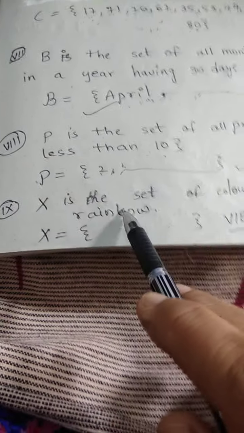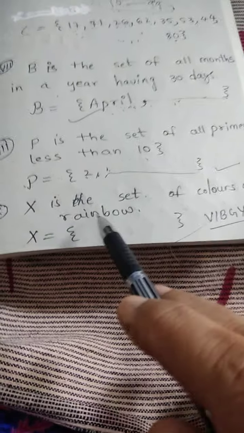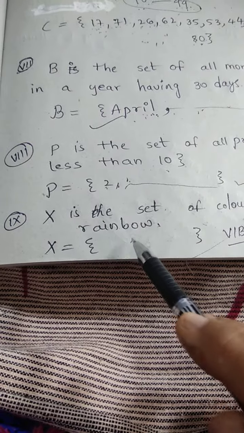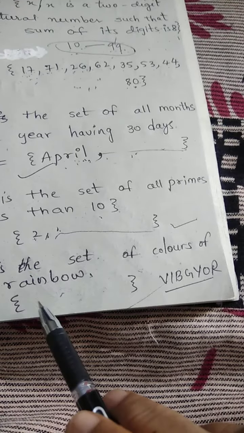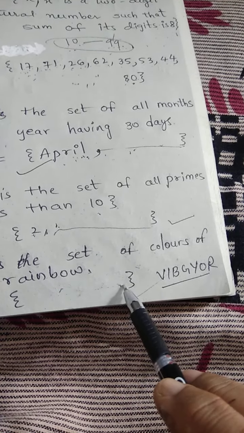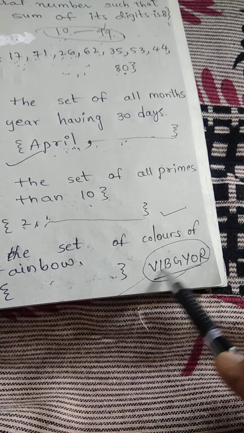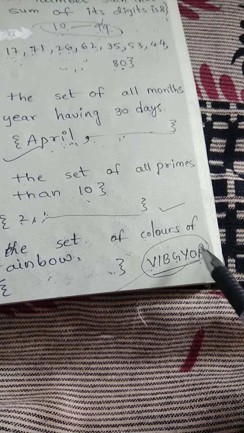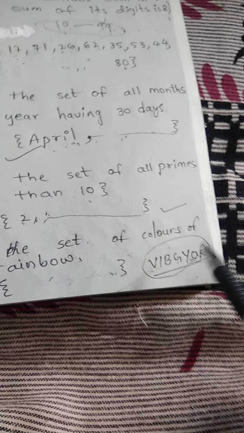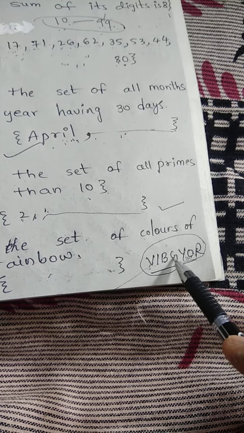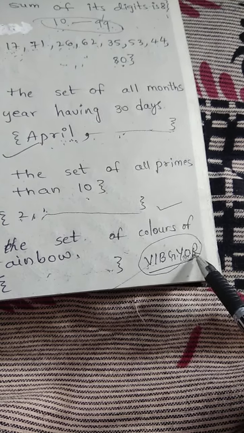Now X is the set of colors of the rainbow. Have you ever seen a rainbow in the rainy season? So what are the colors in that? 7 colors. You remember this word? Vibgyor. Vibgyor shows the 7 colors of the rainbow: violet, indigo, blue, green, yellow, orange, red.